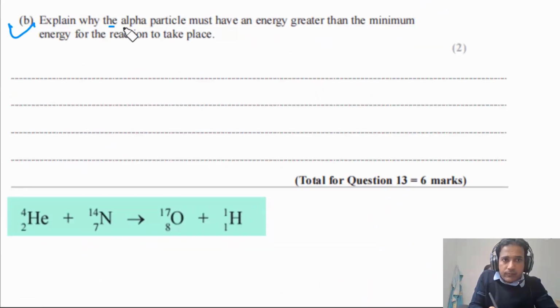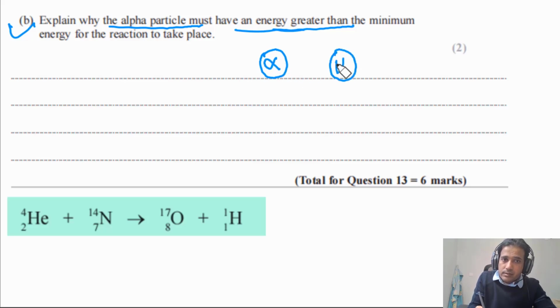Part B says explain why the alpha particle must have an energy greater than the minimum energy for the reaction to take place. We have already discussed this point, so let me explain a little bit more. Let's say this is our alpha particle and this one is nitrogen, and after this we have oxygen 17 plus a proton, hydrogen.